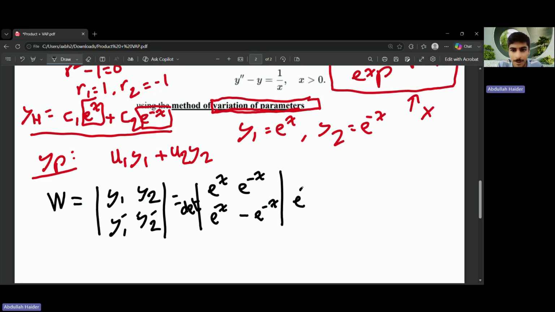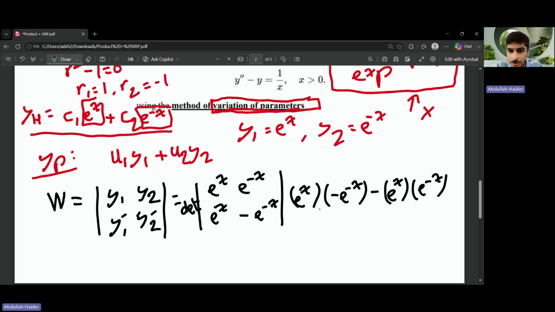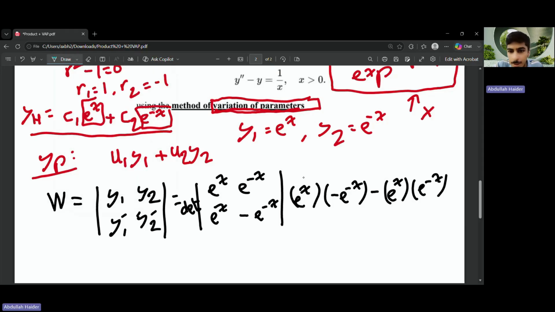So you have e power x, negative e power minus x, minus e power x, e power minus x. So you have e power x here and e power negative x here.